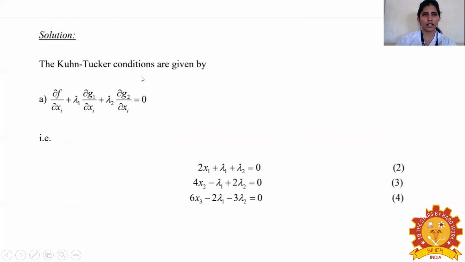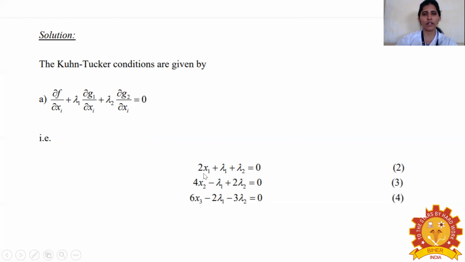The Kuhn-Tucker conditions are given by this formula: dou f by dou xi plus lambda 1 into dou g1 by dou xi plus lambda 2 into dou g2 by dou xi must be equal to 0. Now let us differentiate the objective function using this notation.